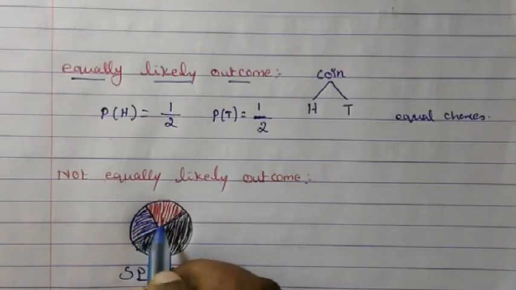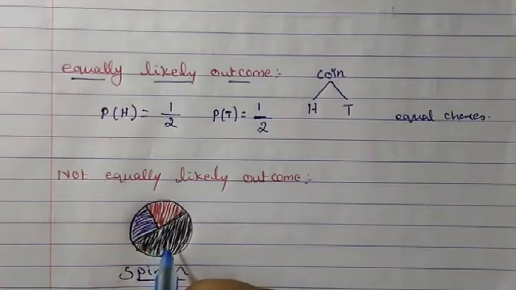But more chances are there for black to come because the black covers more area. Therefore, for black to come, more chances are there when we spin it. But for blue and red, equal chances are there.